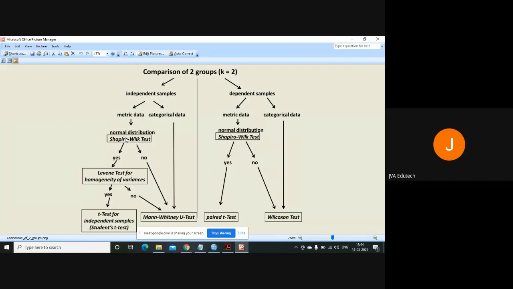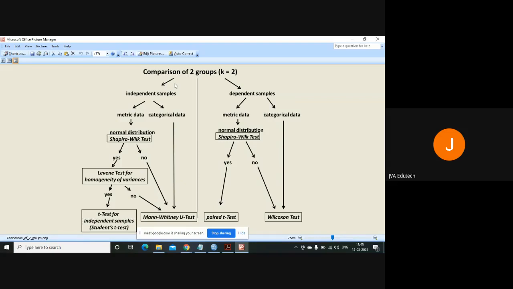If it follows a normal distribution, since this is a case of independent samples, meaning both groups are independent of each other, you also have to check whether the work life balance phenomenon that you are measuring has equal distribution among both the groups.